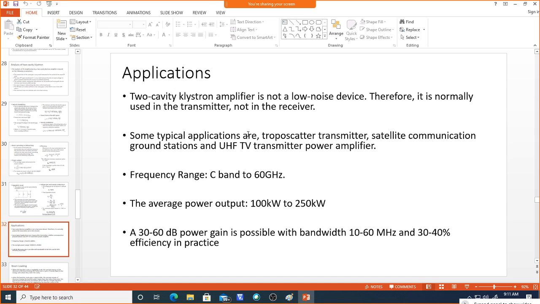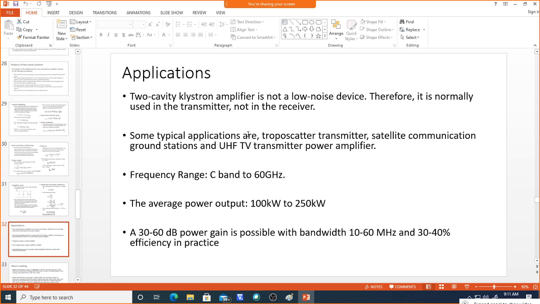Now the frequency range where it can be operated is from C band to 60 gigahertz. C band is 4 to 8 gigahertz. So in the frequency range from 4 to 60 gigahertz we are able to operate this two cavity klystron amplifier.